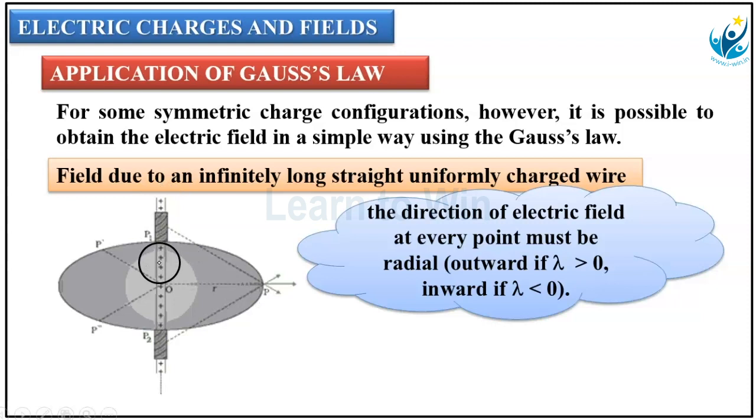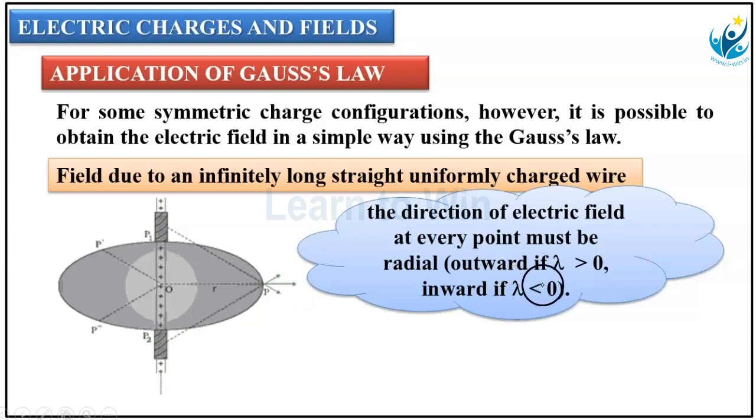If the wire is negatively charged, electric field intensity at a given point is directed towards the wire, radially inward. So, lambda greater than 0, the direction of the electric field at the respective point is radially outward along this direction.